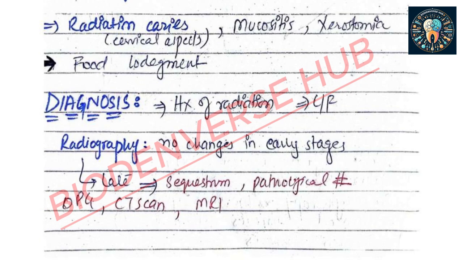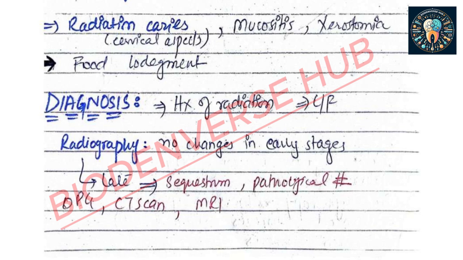Now let us move on towards the diagnosis. While diagnosing this case, importantly, you should be noting the history of radiotherapy. Then you should be actively observing the signs and symptoms in the clinical presentation or features of ORN. After that, we will be moving on towards the radiographic investigations.